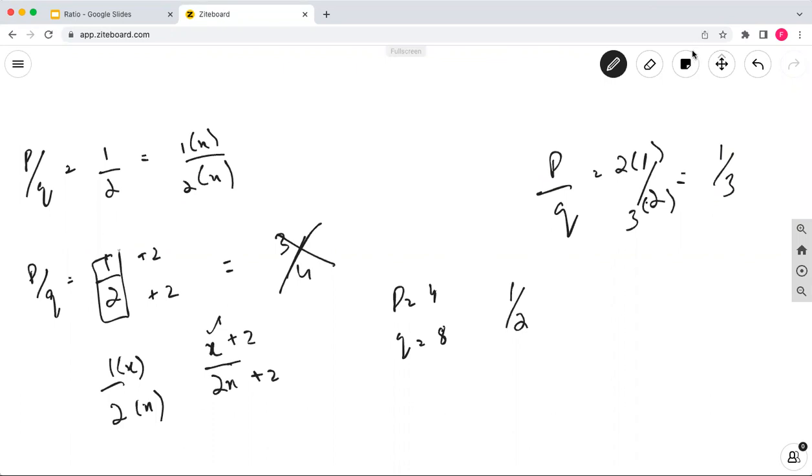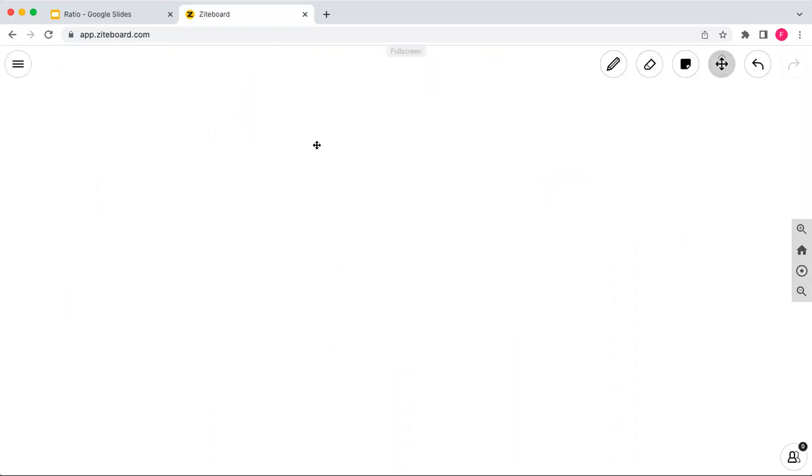Yes. Okay. So for example, if I tell you that the ratio of A ratio B is equal to 1:2, and I know A is equal to 20. So what is the value of B? It's 40.